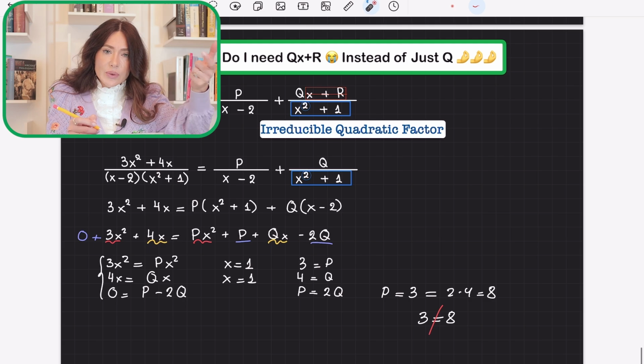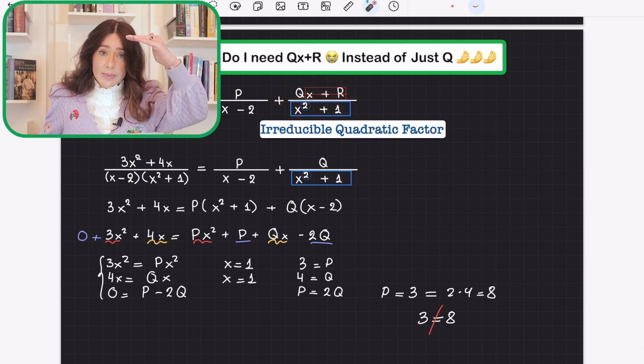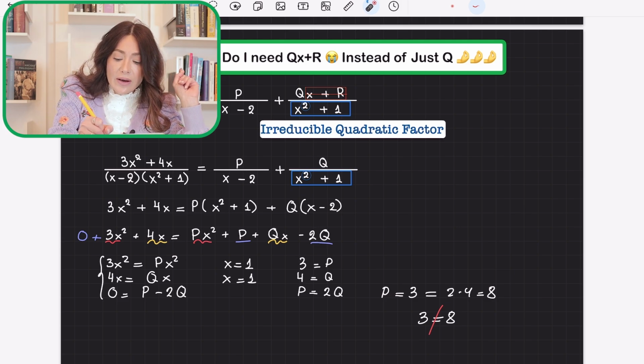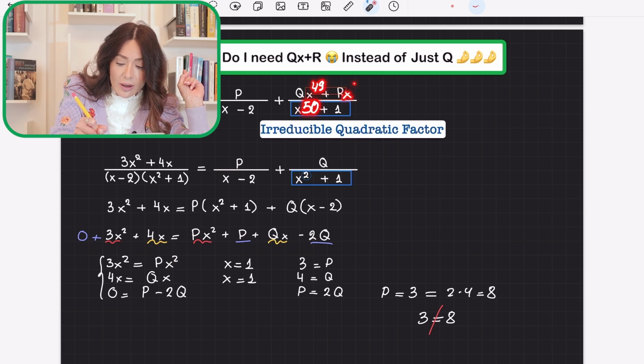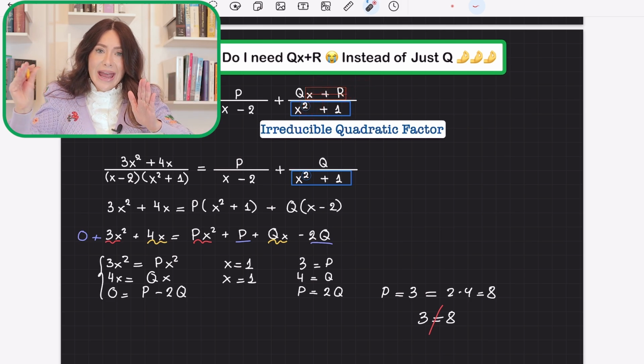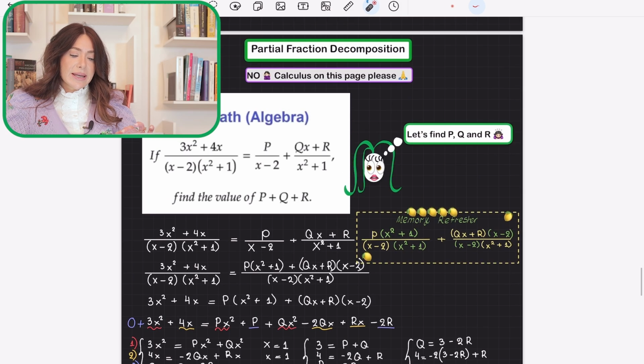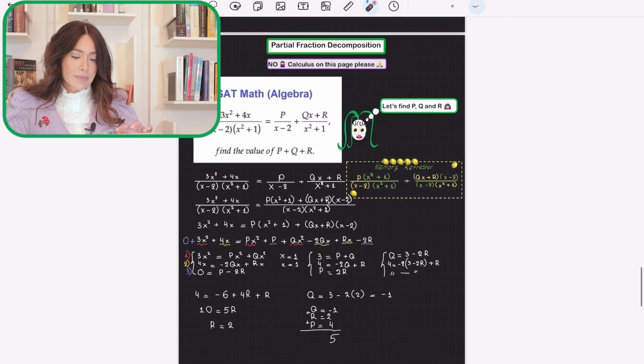So the difference between the powers of polynomials in the numerator versus in the denominator has to be 1. If you have a 50th power there, you start with x raised to the 49th power, 48th, and you include every term until the linear term, x, and then a constant, okay? Okay, there is the solution.